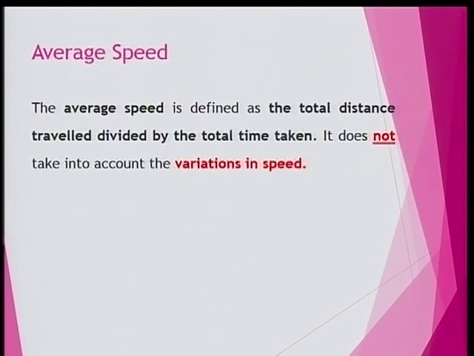Now, let us have a look at the term average speed. Average speed is defined as the total distance traveled divided by the total time taken. It does not take into account the different variations in speed.